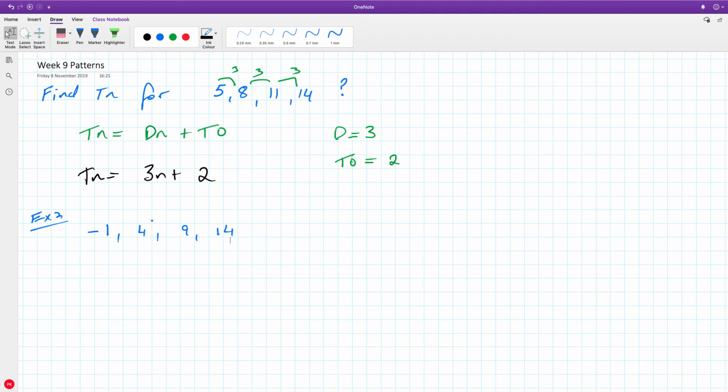The formula is still Dn plus T0. Have a little look at it.